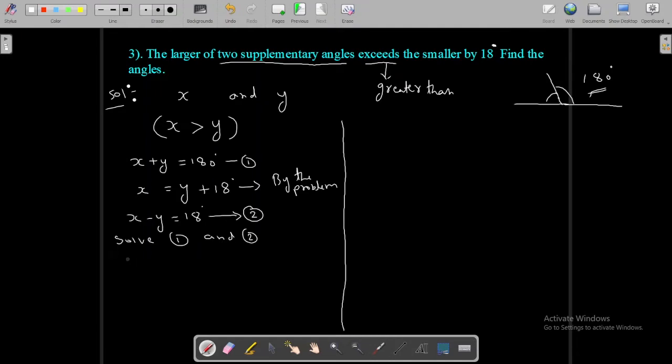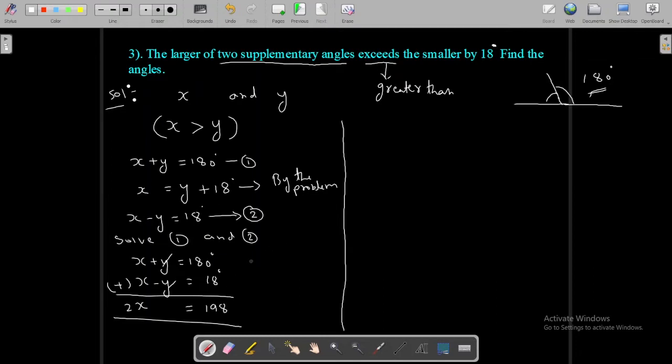So x plus y is equal to 180 degrees, and x minus y is equal to 18 degrees. If I add them, I'll get 2x, and y and minus y get cancelled, and I'll get 198.